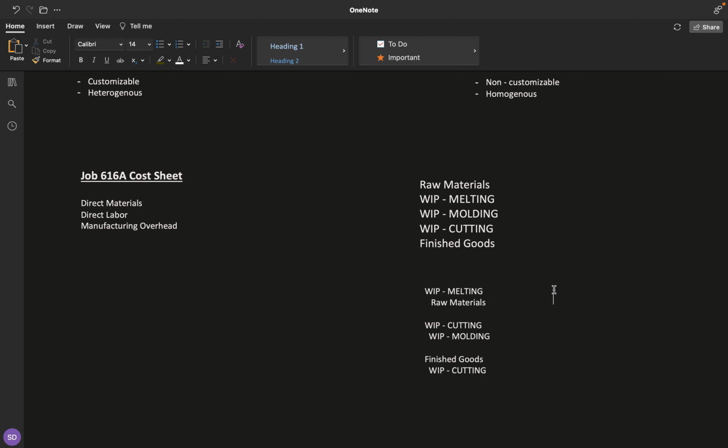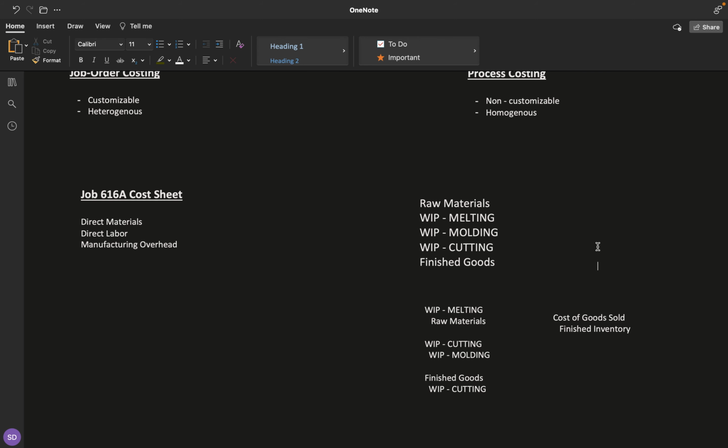So every time we increase it, every time we make a sale, we need to debit our cost of goods sold to expense it for the amount that we sold. So we're going to debit that, and then we're going to credit our finished goods inventory for the sale, and to record that we have lost that inventory.